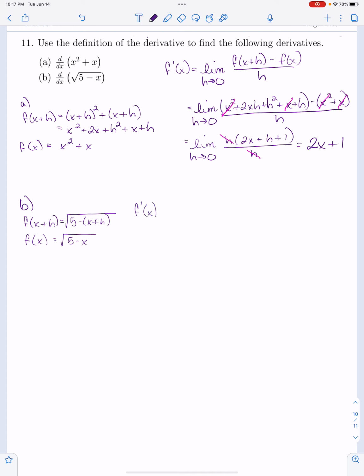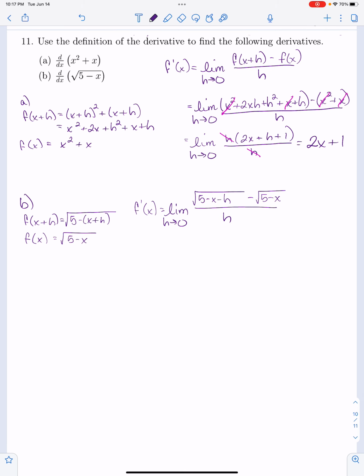So my derivative is the limit as h goes to 0 of the square root of 5 minus x minus h minus the square root of 5 minus x, all over h.